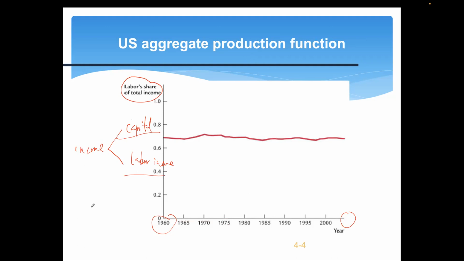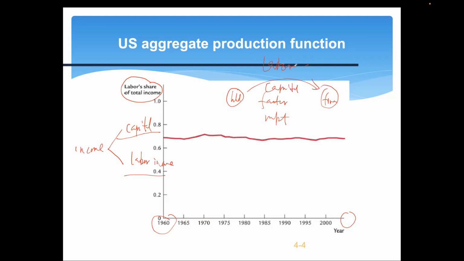It's because, remember, in the factor market, let me just draw the diagram. These are households, and this is a firm. They interact in the factor market. The household is going to provide labor and capital to firms.